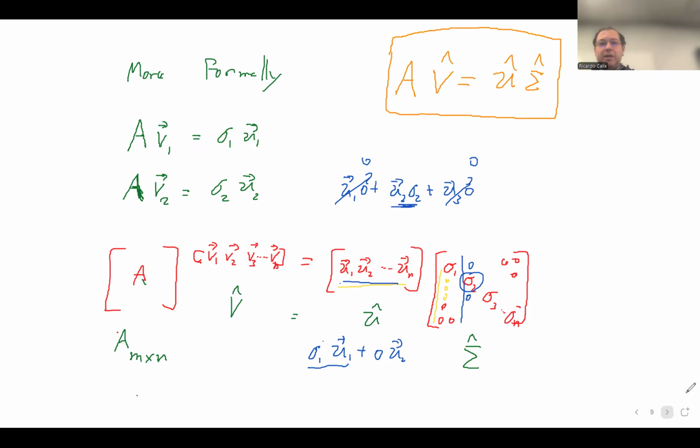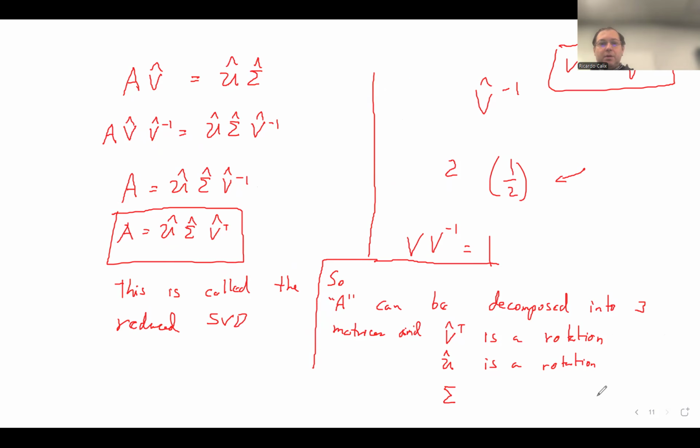So the diagonal is a stretching. And that's it. We take our space and we just rotate it, pull it, and so on. So another way we can say this is, A is a rotation V^T times a stretching diagonal times a rotation U. That's it. That's the magic of it.